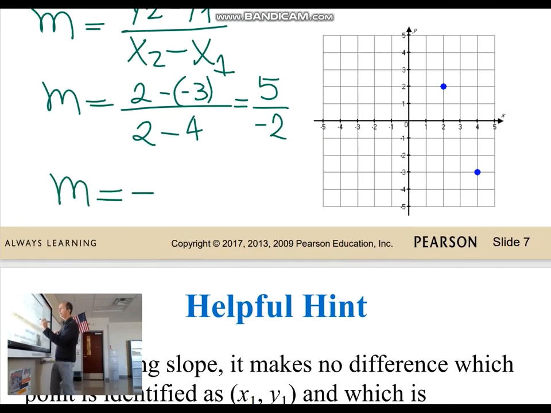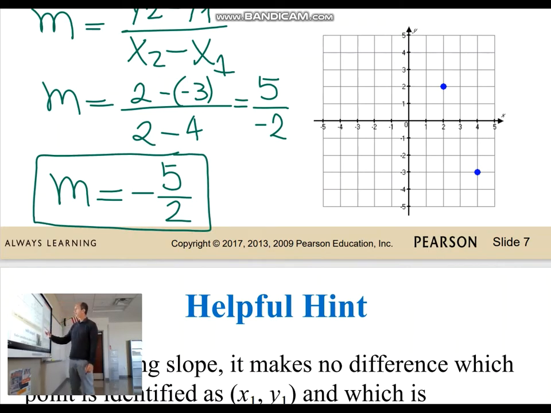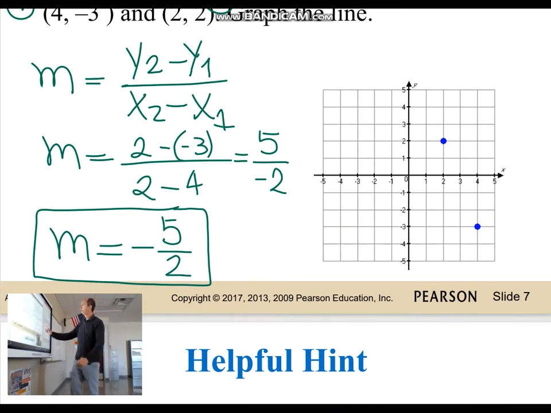Therefore, m equals negative 5 over 2. This is the slope we are looking for. Remember, slope is rise over run.